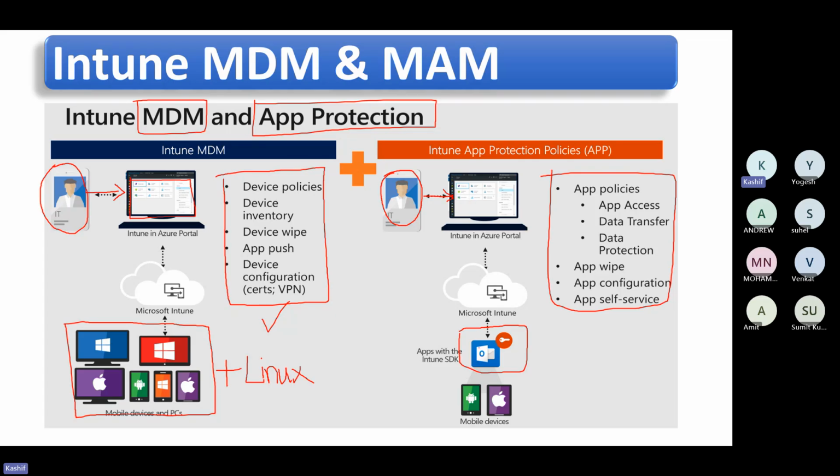When you open Outlook, will it prompt for any password or not? If you are using Outlook, will you be able to copy content from Outlook or not? Those policies you can define from the Intune portal as an Intune administrator on iOS devices and Android devices.